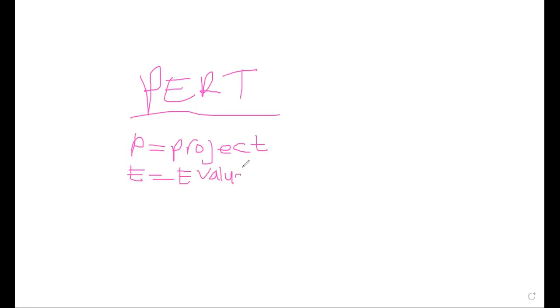And after we evaluate that project, we go into the aspect of R, which is for review. And then the T is standing for technique.